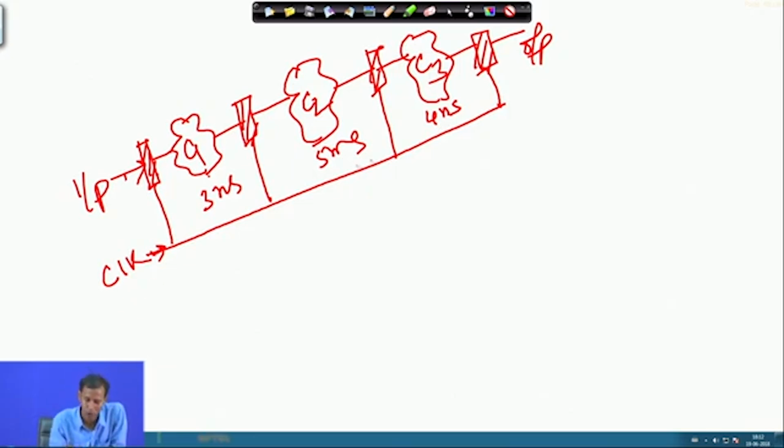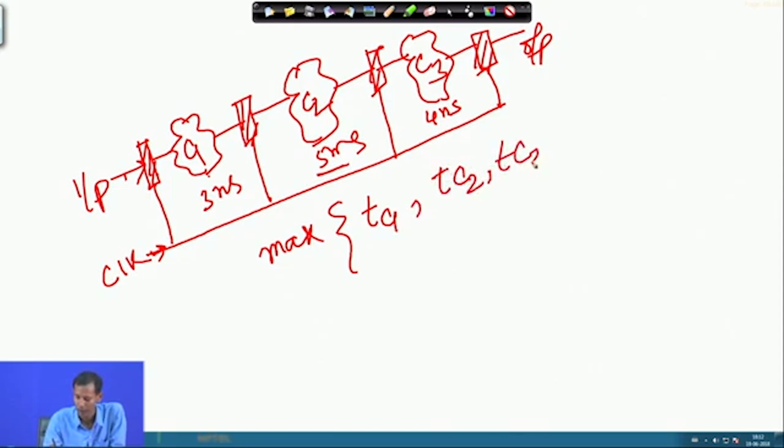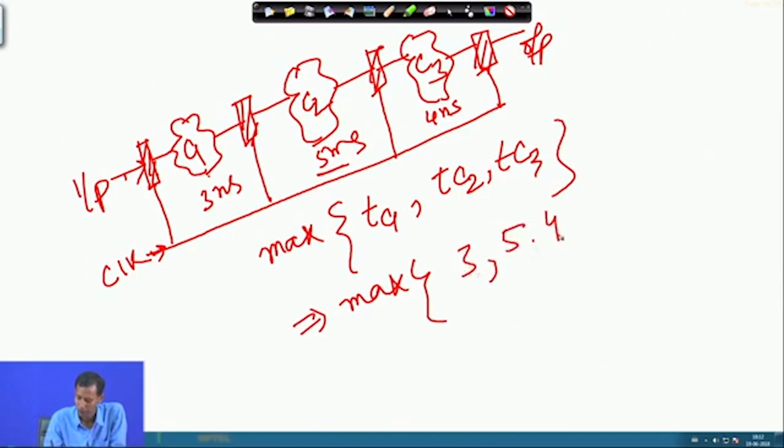The minimum clock period is the max of the delays TC1, TC2 and TC3, that is max of 3, 5 and 4, which is 5 nanoseconds.